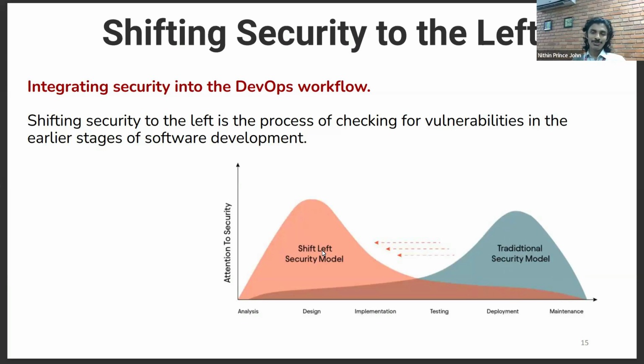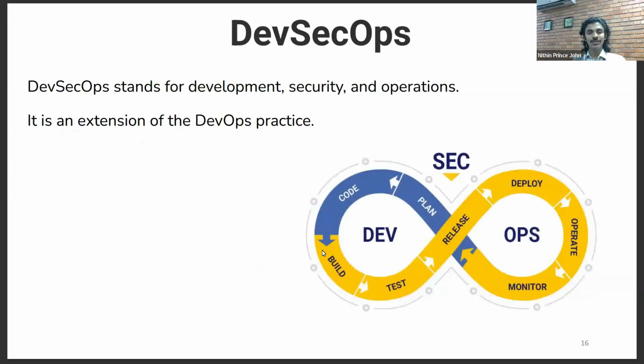Whenever we apply the DevOps culture to the security field, we call it DevSecOps. So shifting security to the left is the process of checking vulnerabilities in the earlier stages of the software development lifecycle. This is the idea of DevSecOps.